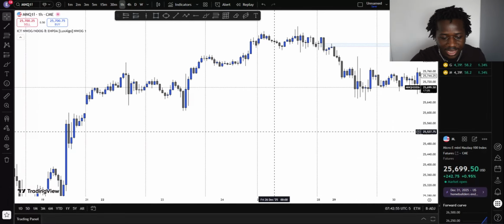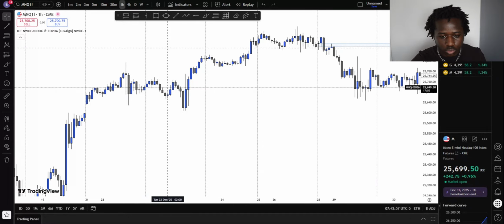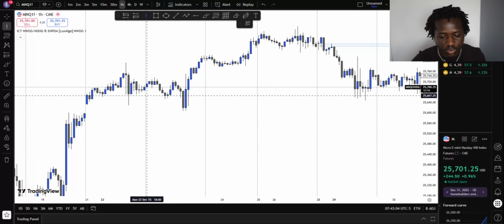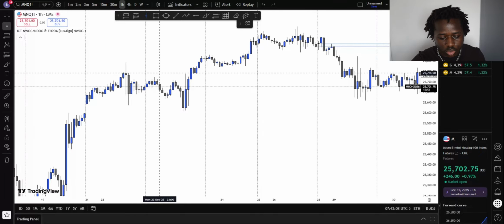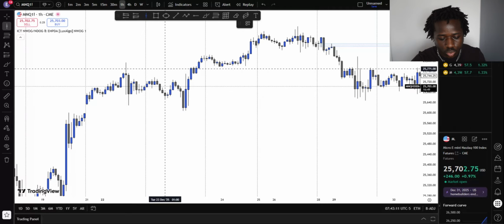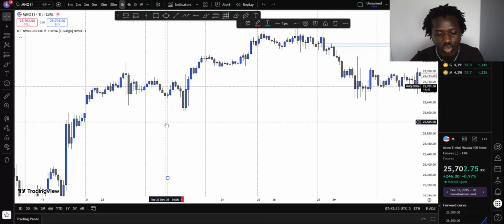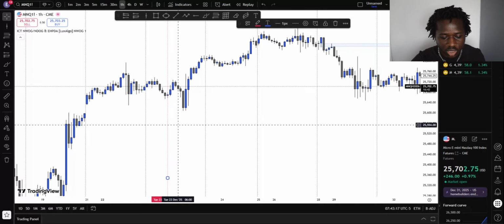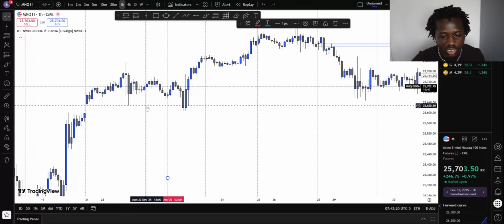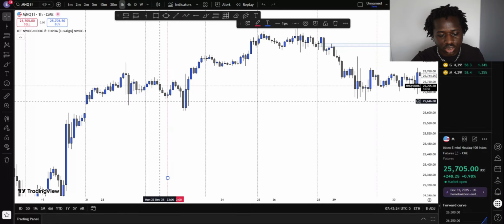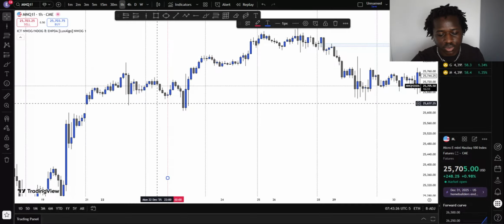Alright, so we are on our chart, right? The Asian session starts from 6 p.m. New York to 2 a.m. New York, where the London session starts. So you see this black dotted line to this red dotted line, this is the Asia session, the price movement in the Asia session.